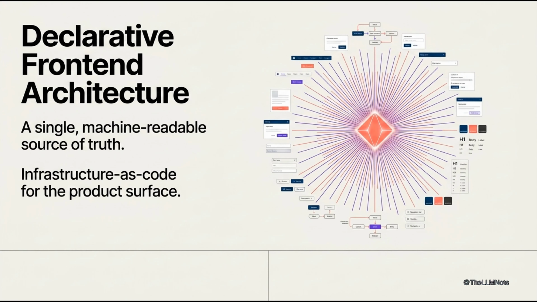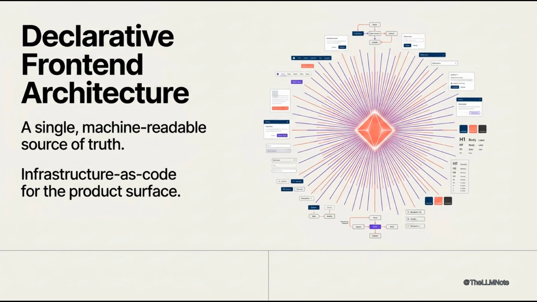This raises a critical question: declarative front-end architecture. In declarative front-end architecture, a single machine-readable schema acts as the source of truth, bridging design tokens, typed component contracts, and state machine definitions. This schema generates framework-agnostic, type-safe UI components that enforce invariants at build time.